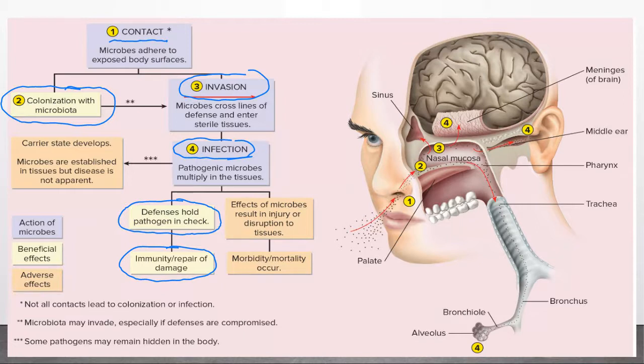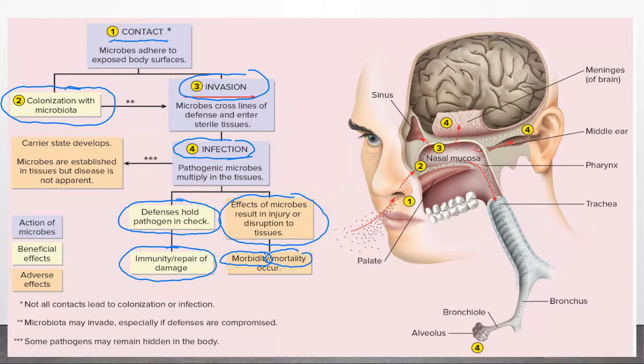However, if this pathogenic flora infects our system and our immune system is unable to protect us against it, then it might cause what we call morbidity or disease, or even mortality or death.